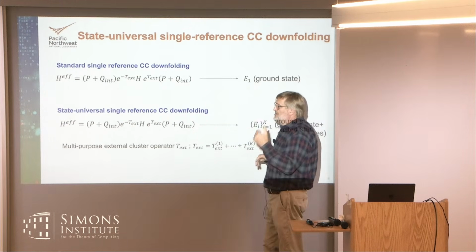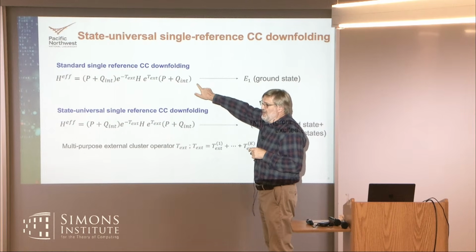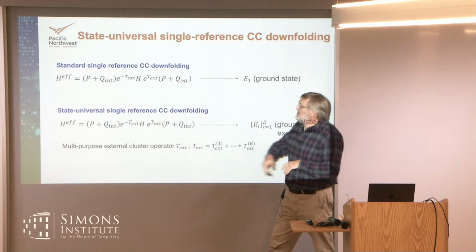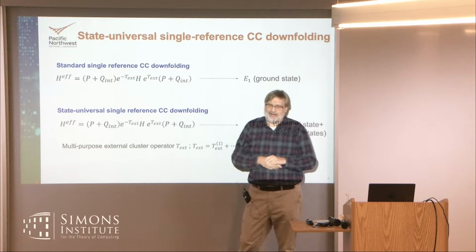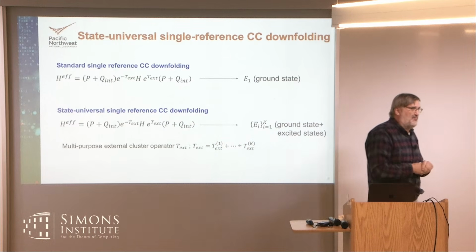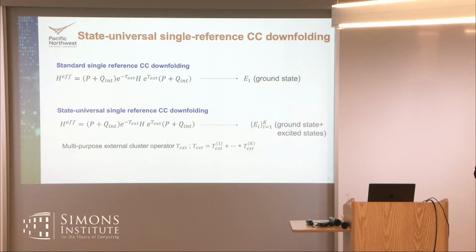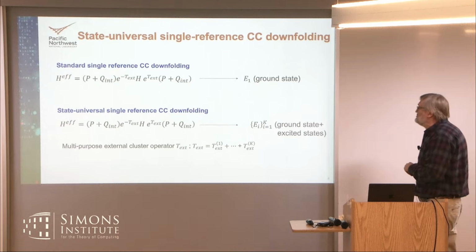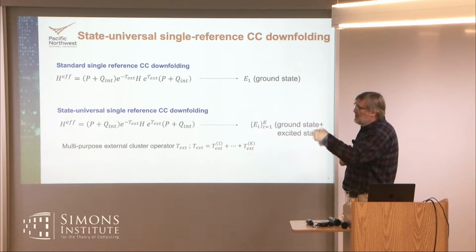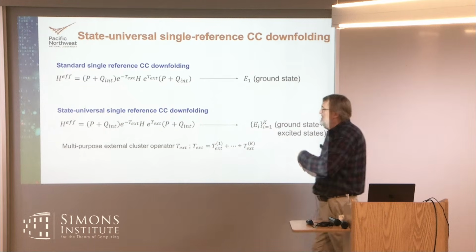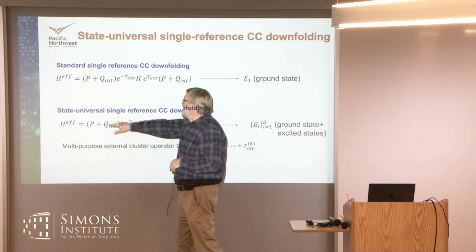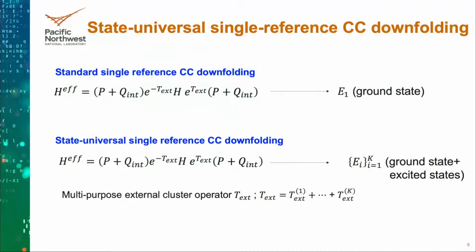So in the previous slides, I showed you this form of the effective Hamiltonian. If you know the exact form of the external amplitudes, cluster operators, you can reproduce the exact ground state energy, right? But here you can go one step further and basically start forming state universal single reference cluster downfolding, right?